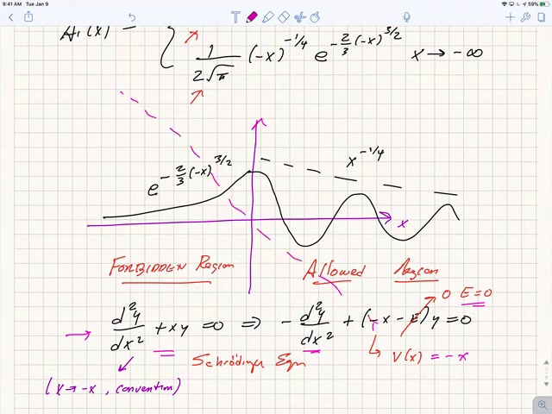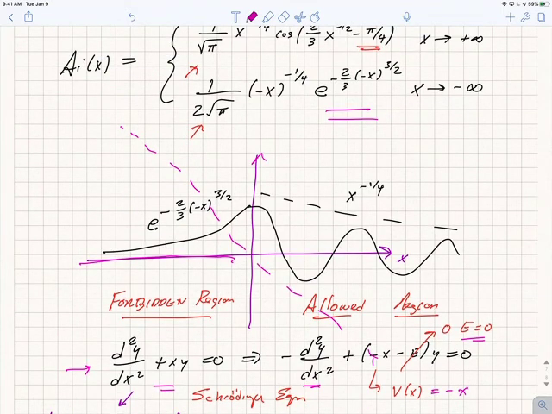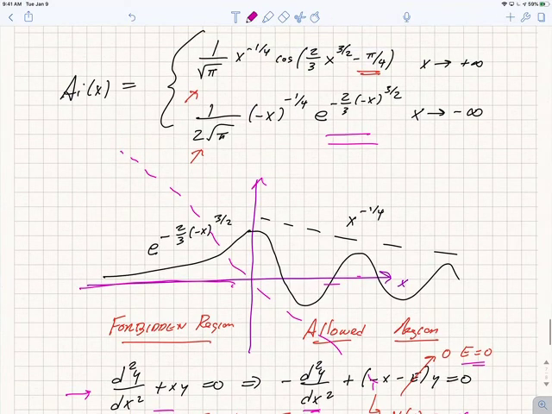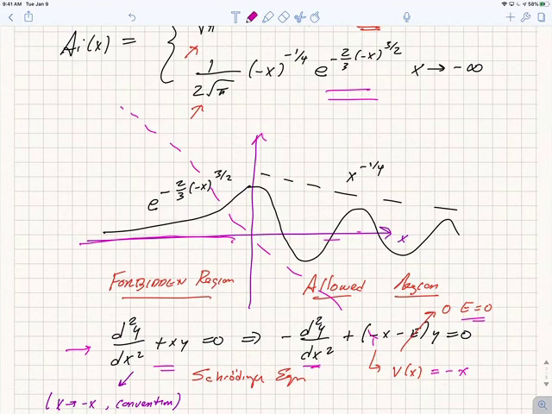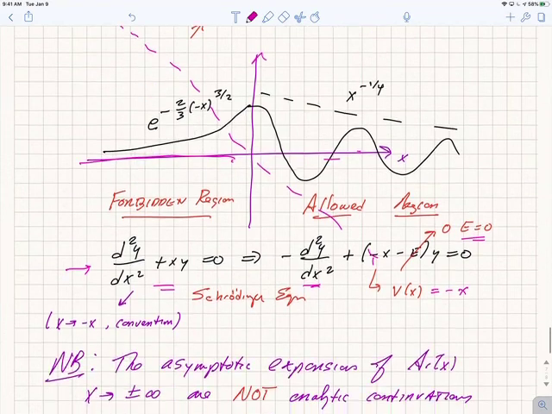If the energy is equal to 0, we see on the left-hand side, this is the forbidden region, where we have the exponentially decaying solution. And on the right-hand side, where x is greater than 0, you see that the energy E equals 0 has a value greater than the potential. This is the allowed region in terms of quantum mechanics. So that's why we have the oscillatory behavior as x goes to plus infinity and the exponentially suppressed behavior as x goes to minus infinity.